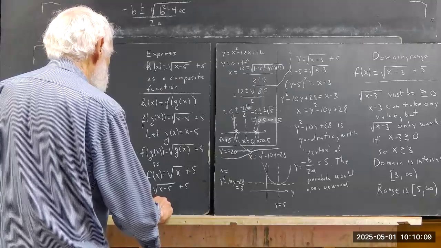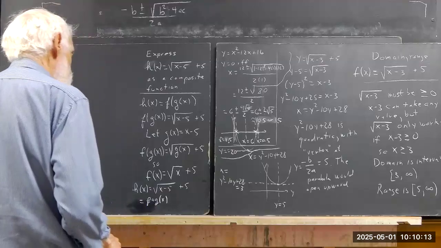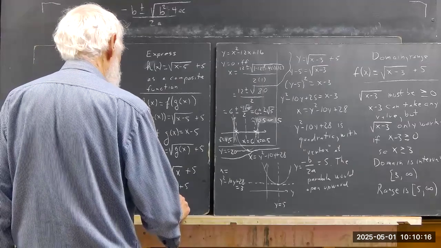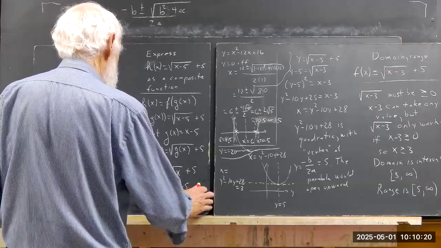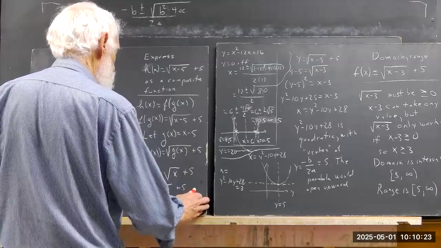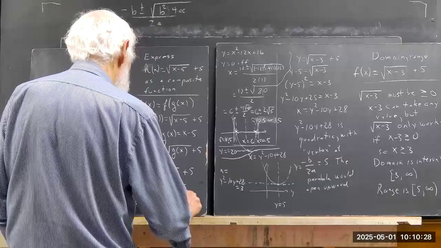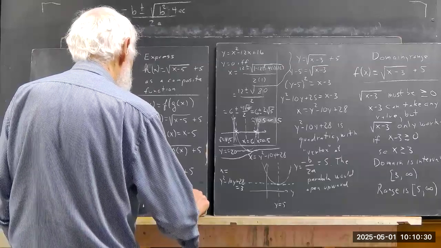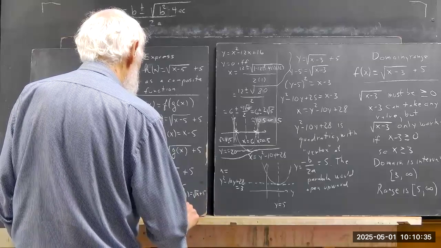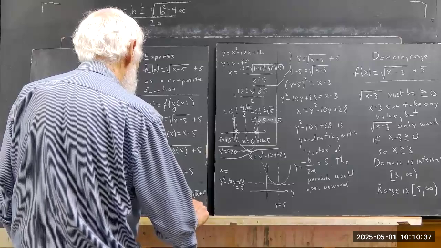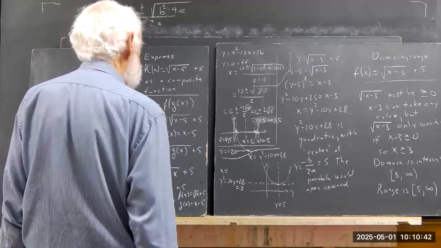Circle g of x. In this form, f of x equals the square root of x plus 5 equals x minus 5.